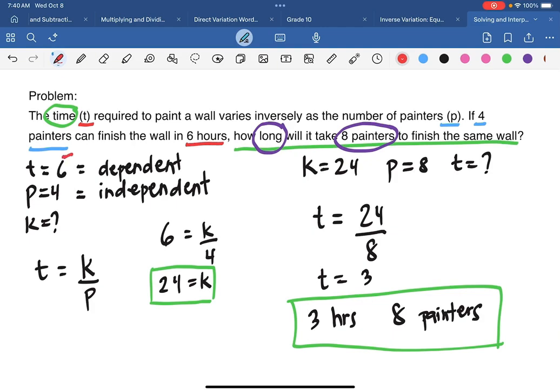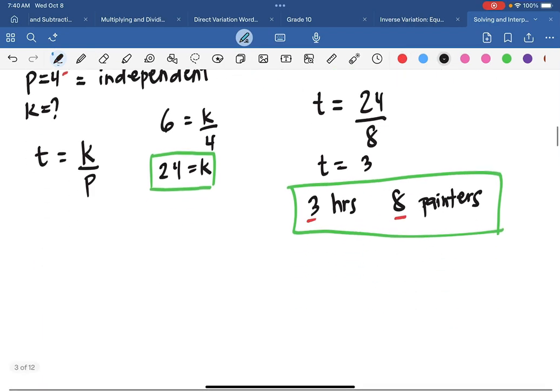See, here it is 6 hours, in which it took 4 painters, and for this one it took 8 painters to cover it in 3 hours. If you are going to have this in a table of values, you could have x, y. We have 3 hours.